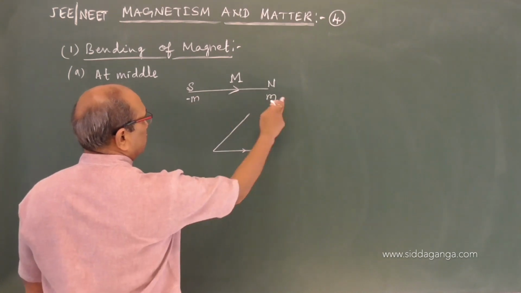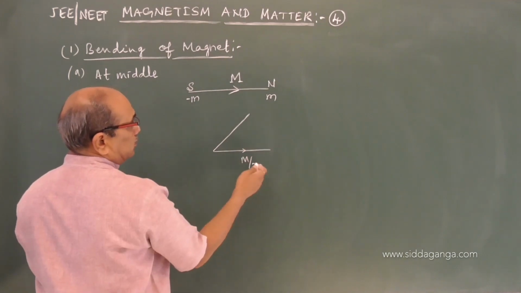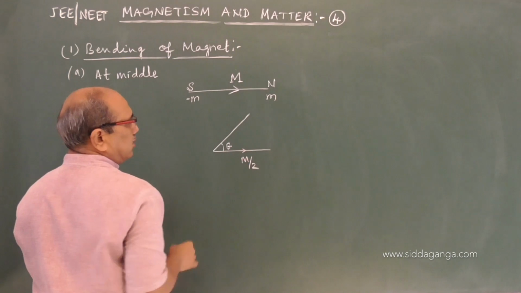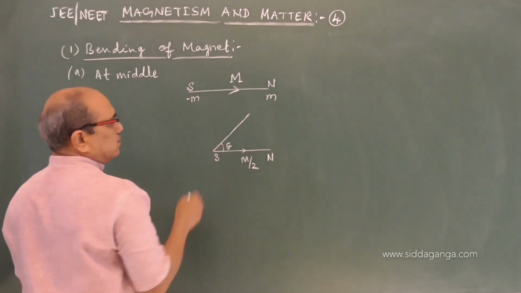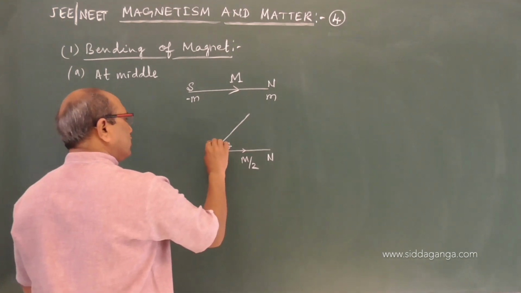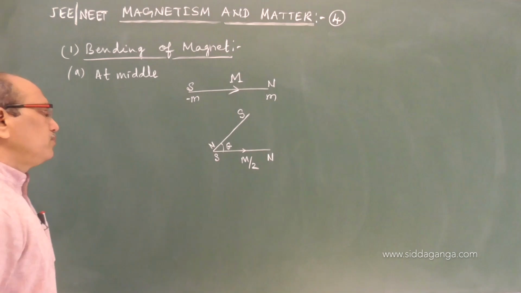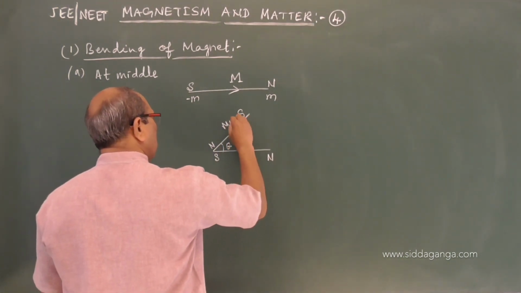So this is moment M. I told you the cross section is the same but the length becomes half. If this is the angle theta, this is the north pole and this is the south pole. When you bend, this becomes the north pole and this becomes the south pole, and here this moment is acting downward.